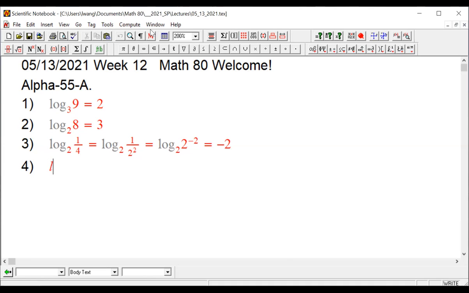Okay, we have log base 7 of 1 over 7. What does that equal? What number power 7 gives us 1 over 7?